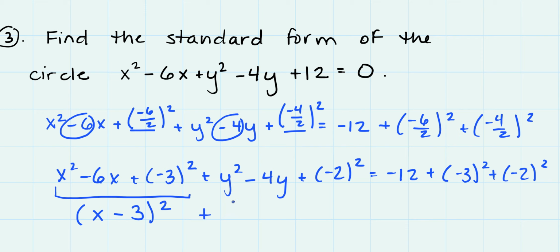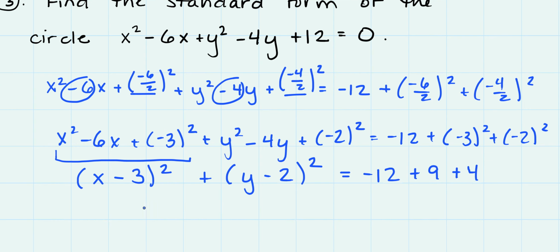On this side, we're going to get a y, and then this number here, negative 2, squared. On this side, I have negative 12 plus 9 plus 4. Okay, and so we're left with x minus 3 squared plus y minus 2 squared.